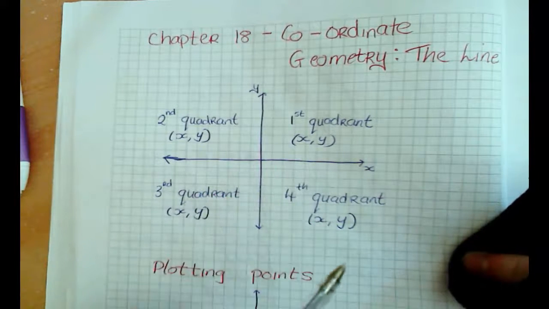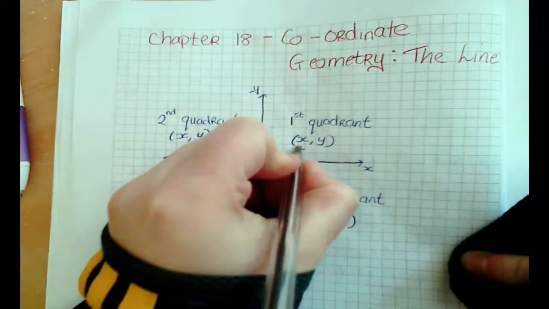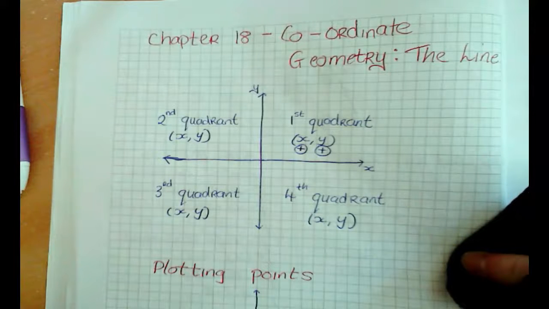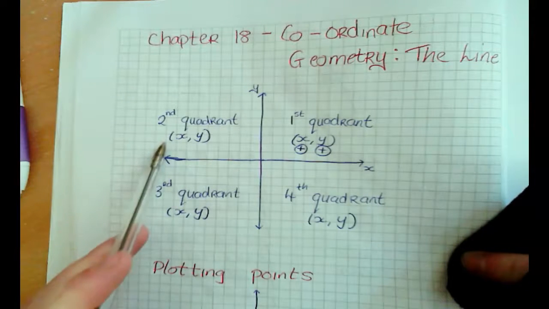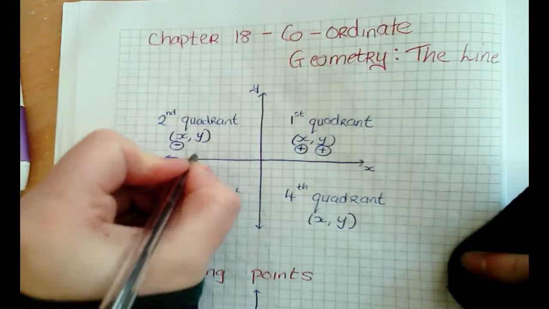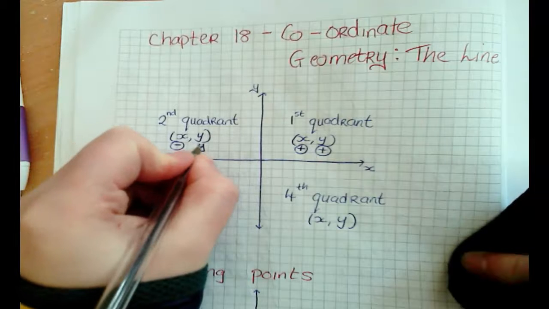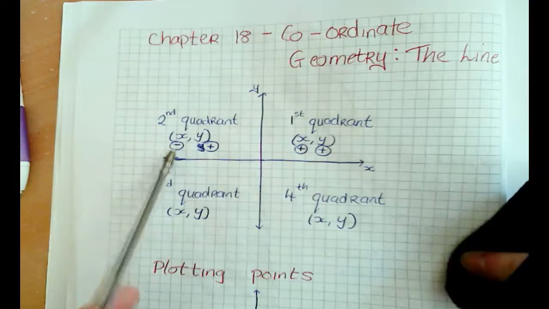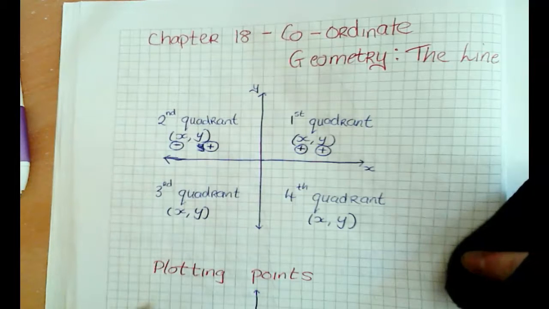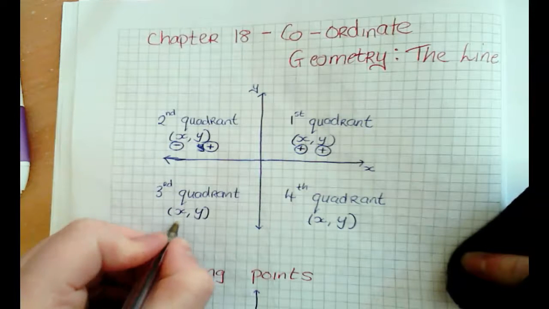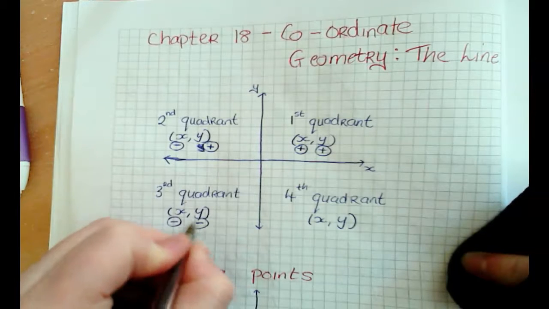In our first quadrant, our x is positive and our y is positive. In the second quadrant, our x is negative and our y is positive. In the third quadrant, our x is negative and our y is negative.